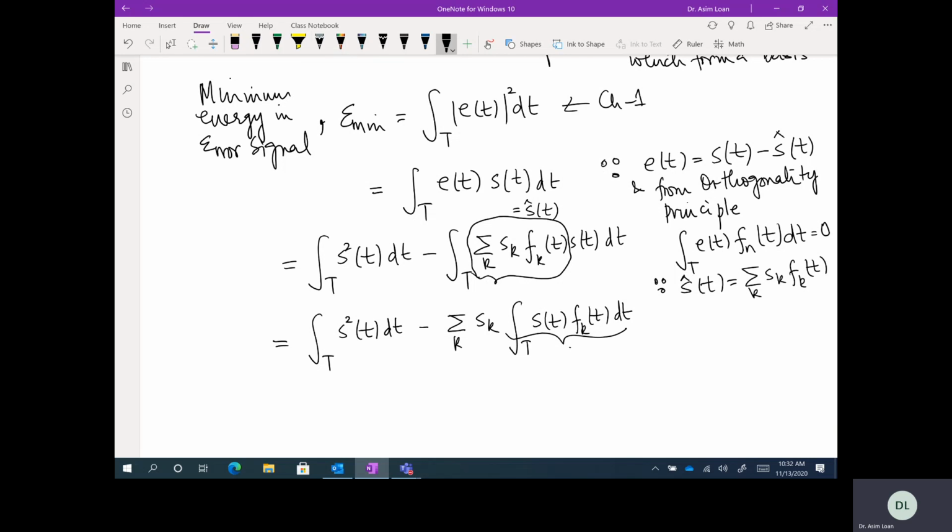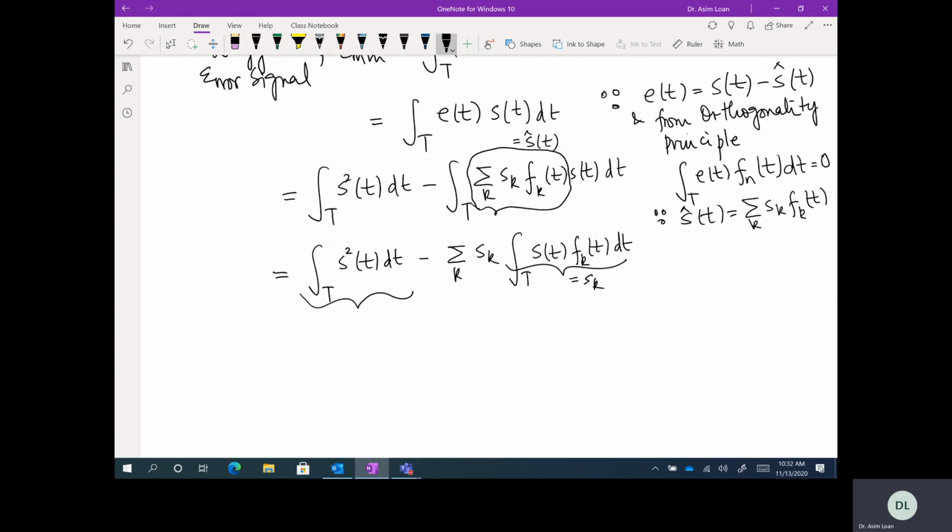And this first one is the energy of s of t in the time domain, right? So this is the energy of s, minus the sum of s k square. Normally this should be complex, so it should be the absolute value of s k, whole square. And obviously, since this is the error, this has to be greater or equal to 0.